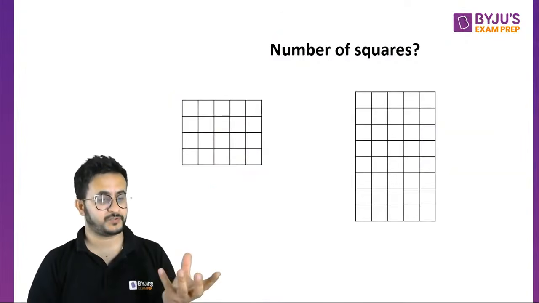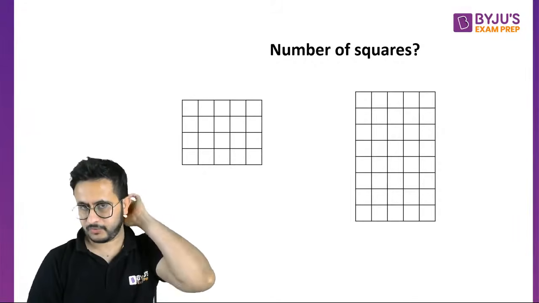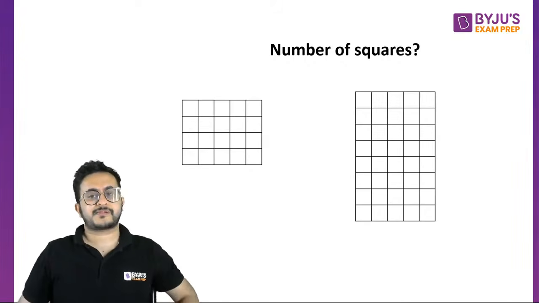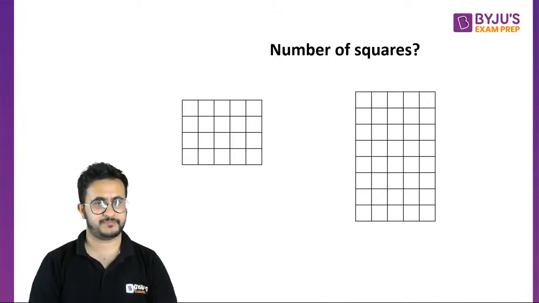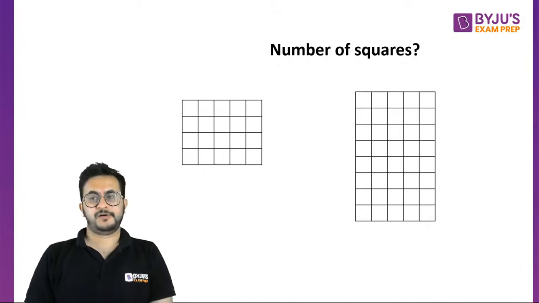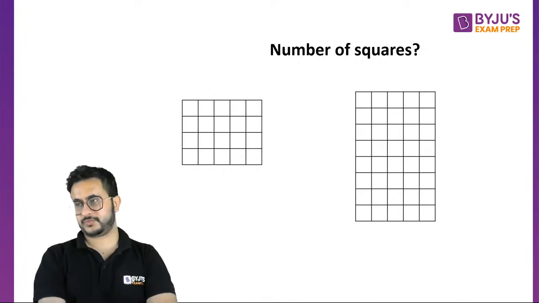Okay, so that was perfect squares, where the number of rows and columns was the same. Now, what if the rows and columns are not the same? How do we find the number of squares in this case? In the first figure, second figure, how many squares are there?